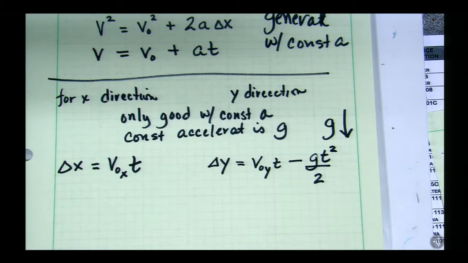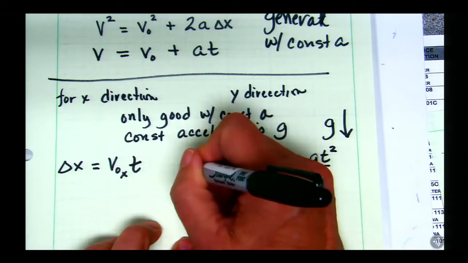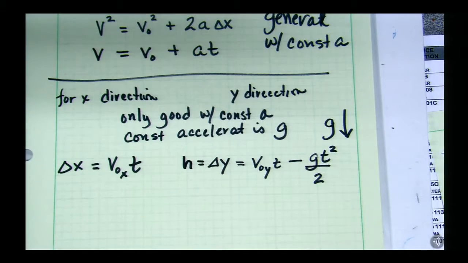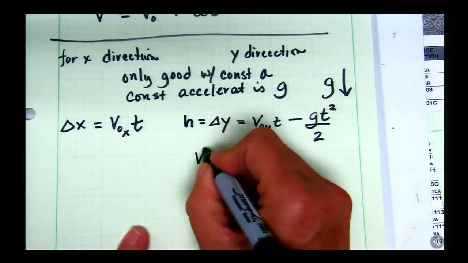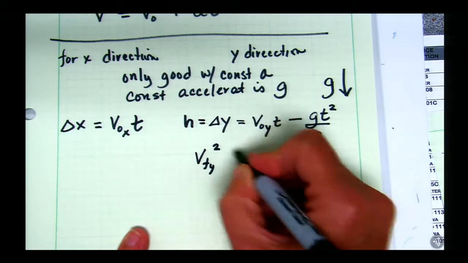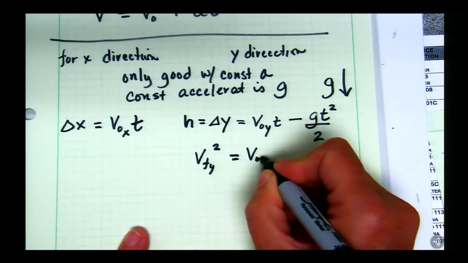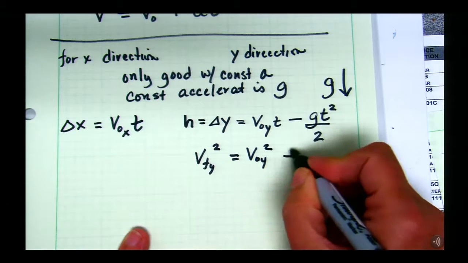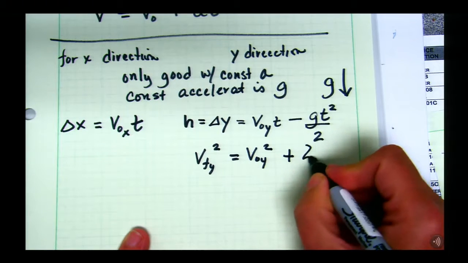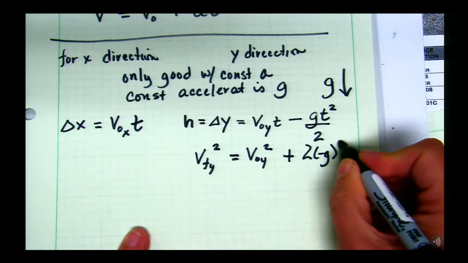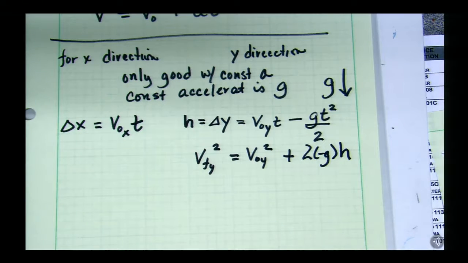A lot of times we use h to be my change in y, h meaning height. Then my velocity final in the y direction squared is equal to my velocity initial in the y direction squared plus 2, and I've got to put a negative g in here, and if I'm going to use h for my change in y, I get that equation right there.